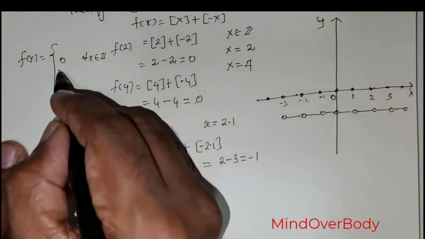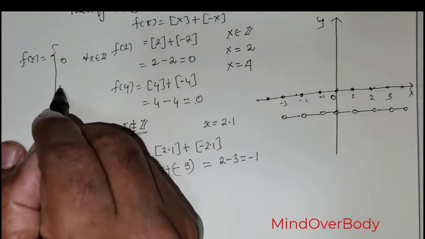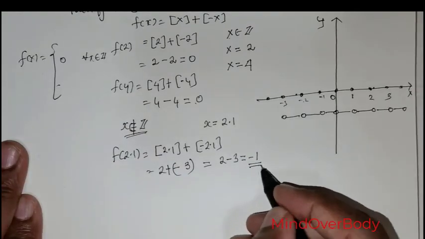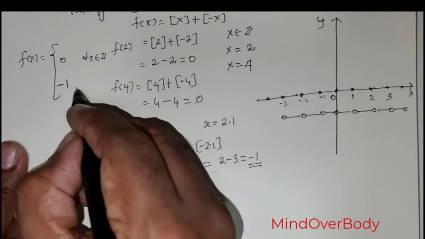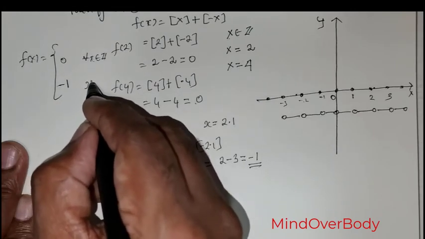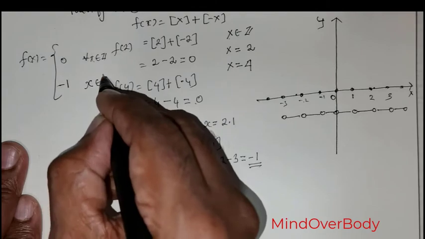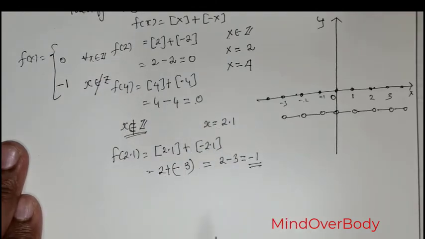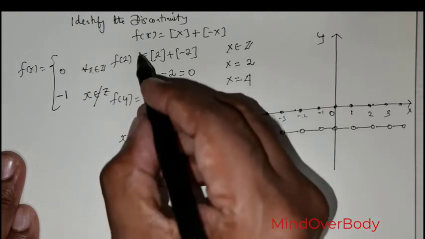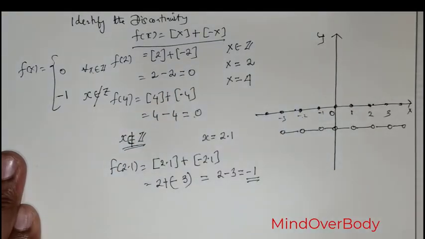So for all the cases, this is what is going to be the outcome, negative 1. So f of x will take the value negative 1 for every x which is not an element of z. So this is to show you how this given function looks.